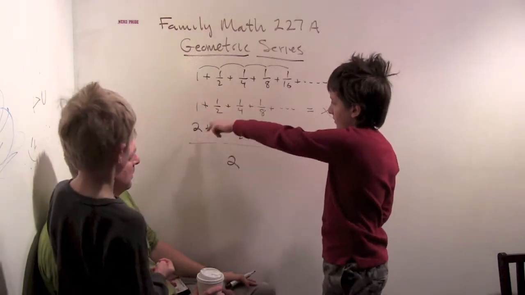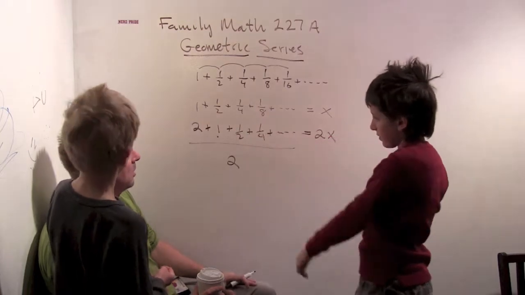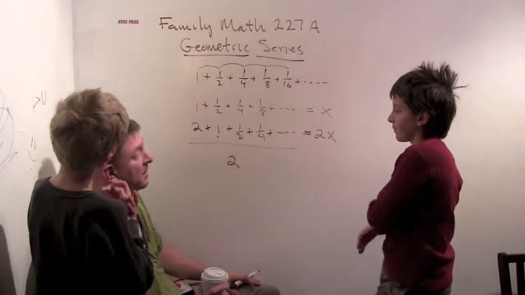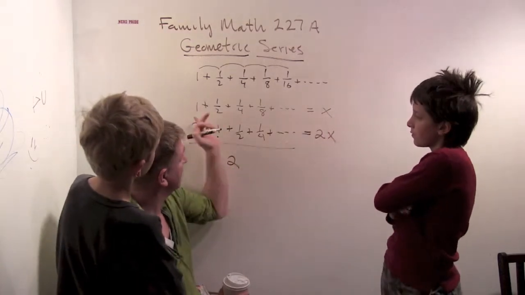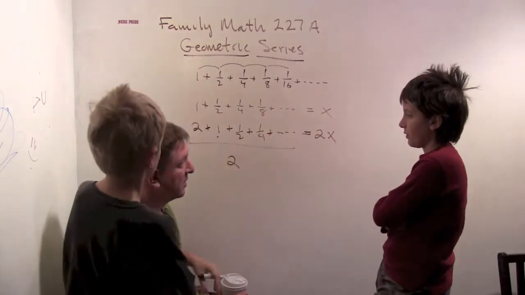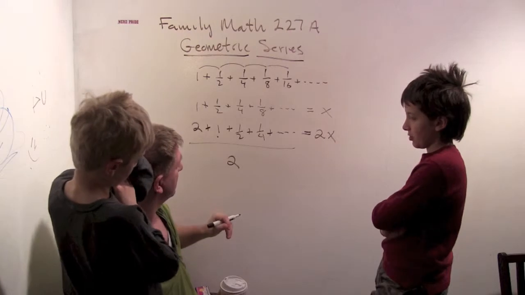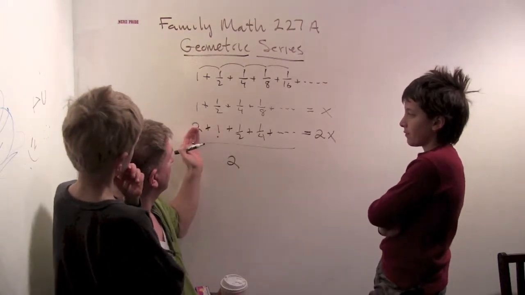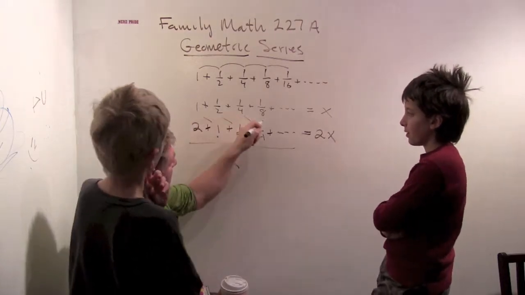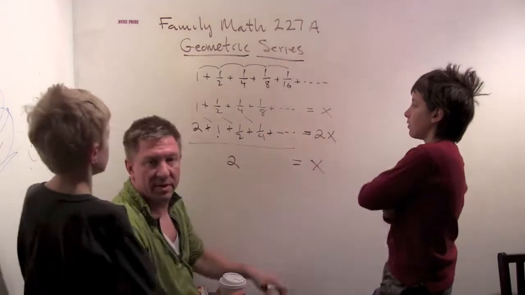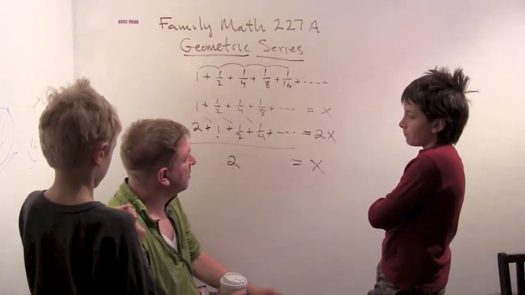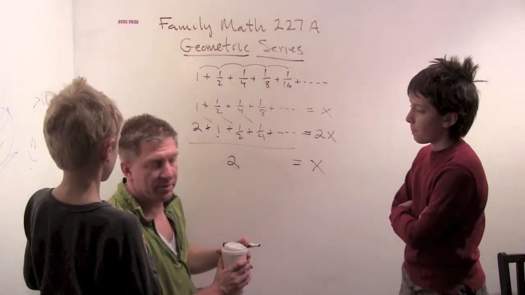Oh, very interesting. And that would unfortunately get us back to x equals this, where we started. But it proves that it equals 2. In this way of subtracting, when I subtract these away, I get 2 equals x, that is, 2x minus x. Okay? So we're going to try to apply this idea to a few other series, okay?